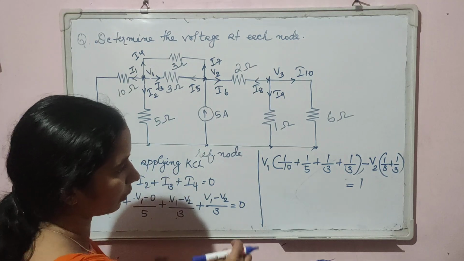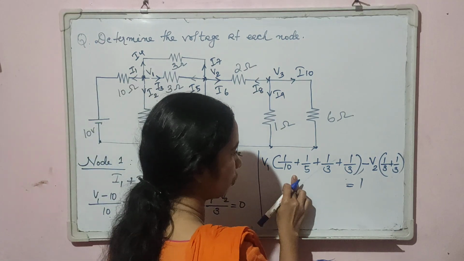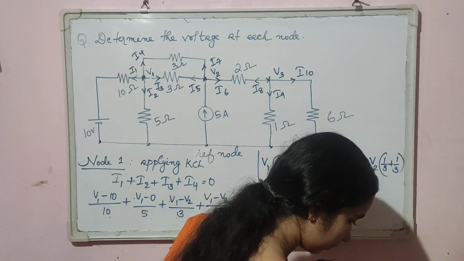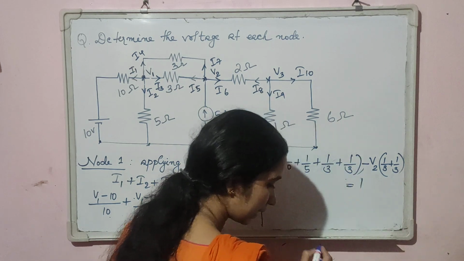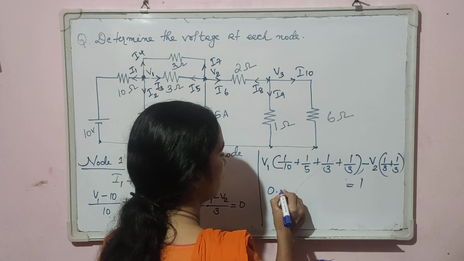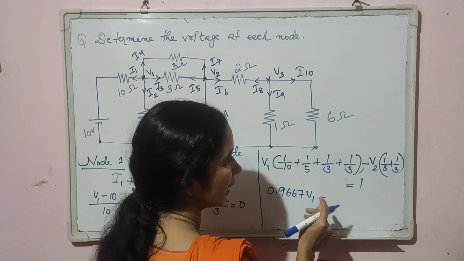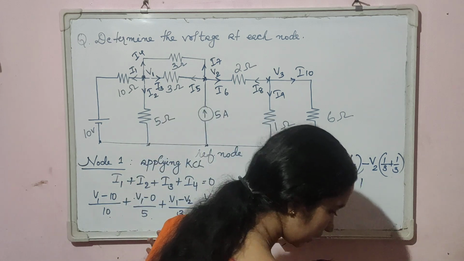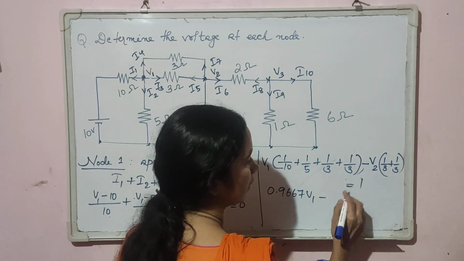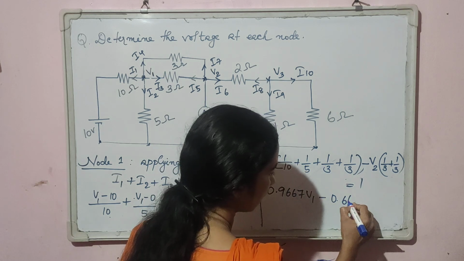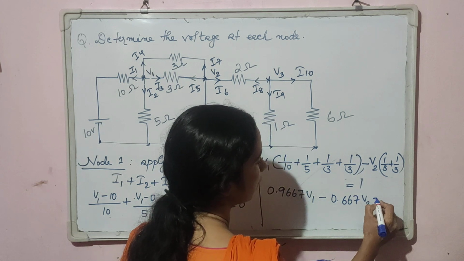Now solve the equation. V1 into 1 by 10 plus 1 by 5 plus 1 by 3 plus 1 by 3 becomes 0.9667. So 0.9667 V1 minus V2 into 1 by 3 plus 1 by 3, which is 0.667, so minus 0.667 V2 is equal to 1.